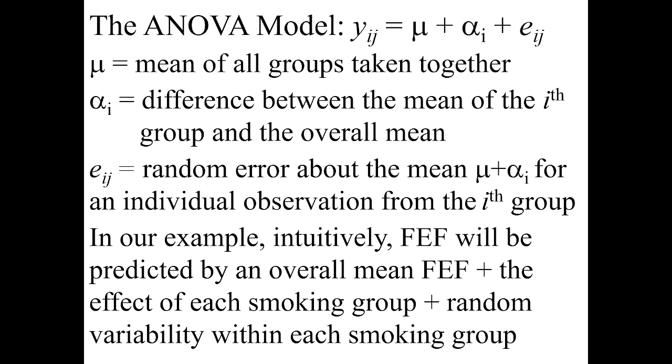If you take the first two terms and subtract them from Yij, what is left is a random error about the mean mu plus alpha i for an individual observation from the ith group.